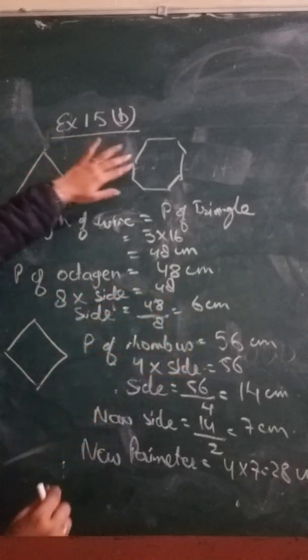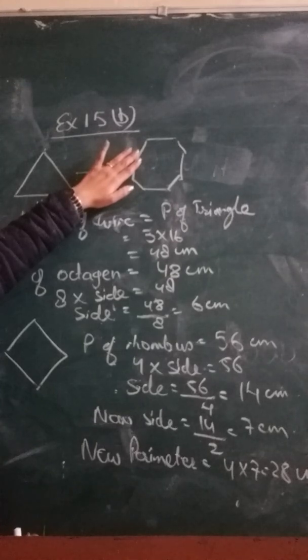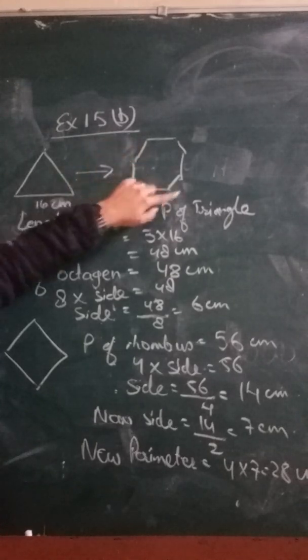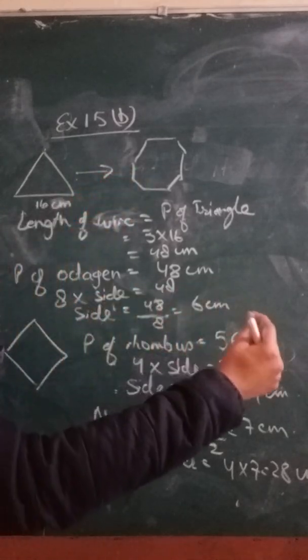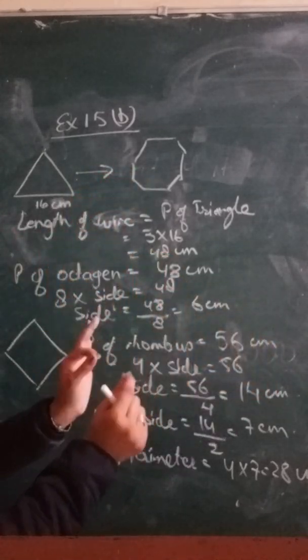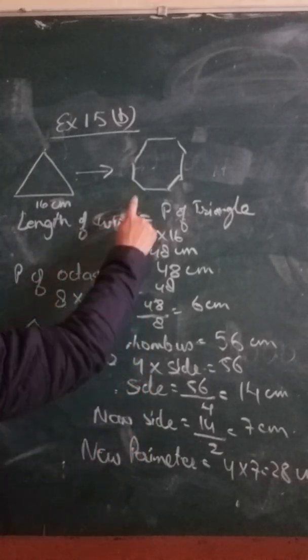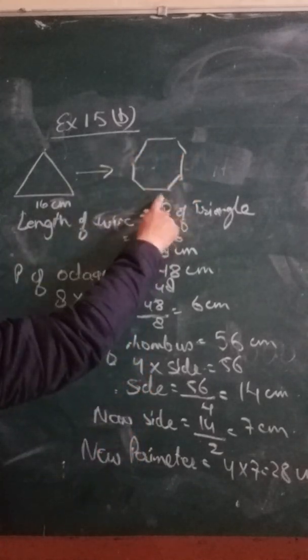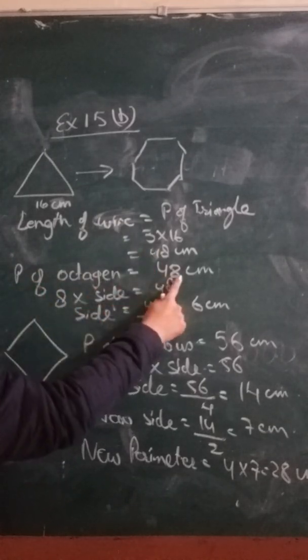Now they have made an octagon out of it. So whatever the length of the wire is, that will be equal to the perimeter of the octagon also, because we are making the octagon out of that same length. So perimeter of octagon is equal to 48 centimeter.